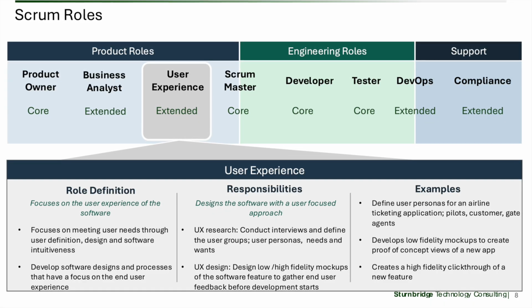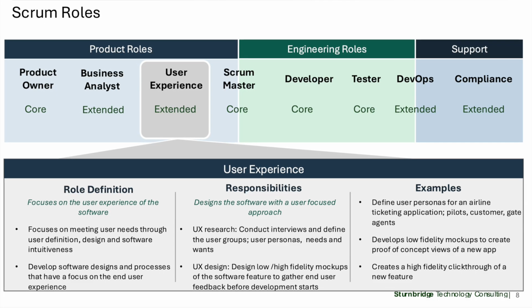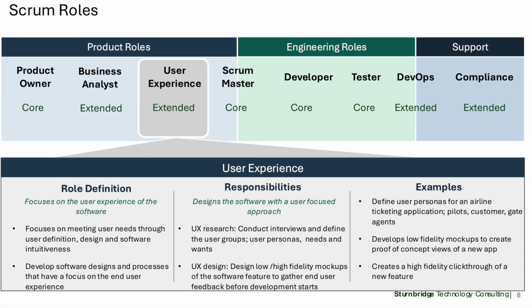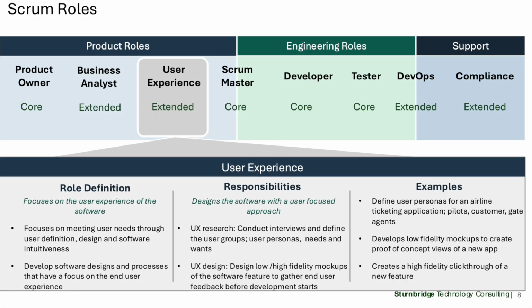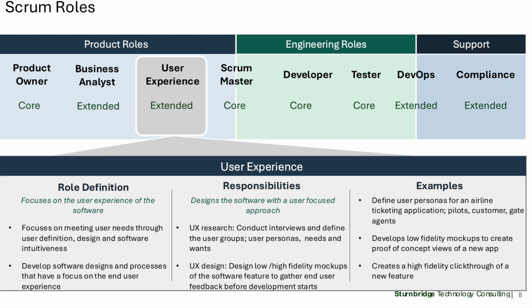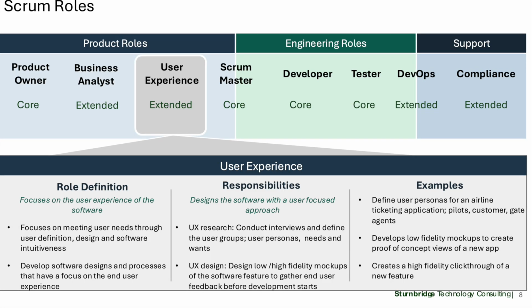A UX contributor might conduct interviews, define personas, create workflows, sketch concepts, or produce low-fidelity and high-fidelity mockups. That work helps the team validate ideas before development begins. Instead of building first and discovering issues later, the team can test the concept early. This reduces waste and increases the chance that what gets built is useful and intuitive.